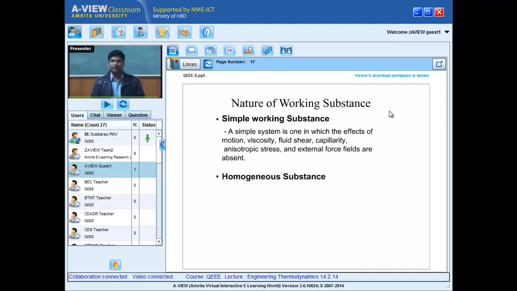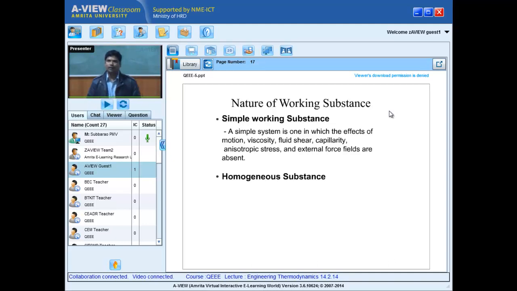The next important thing is that a pure substance may be homogeneous throughout. As I said, I have two components like air, majorly oxygen and nitrogen. If the composition of oxygen and nitrogen is the same throughout the system, then I say it is a homogeneous substance.